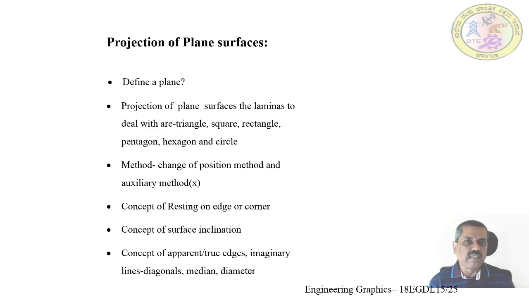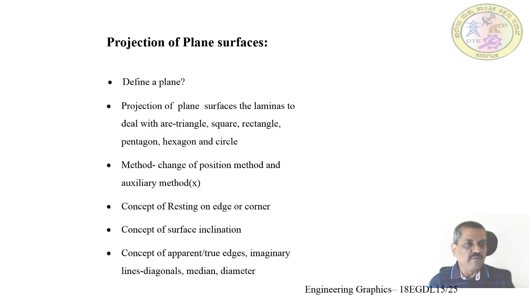But there is a methodology which we are adopting. There are two methodologies normally adopted in projection of plane surfaces. One is the change of position method, the other one is the auxiliary method. We adopt the change of position method. I will show you how to use this method. We don't adopt the auxiliary method, that is for your kind consideration.